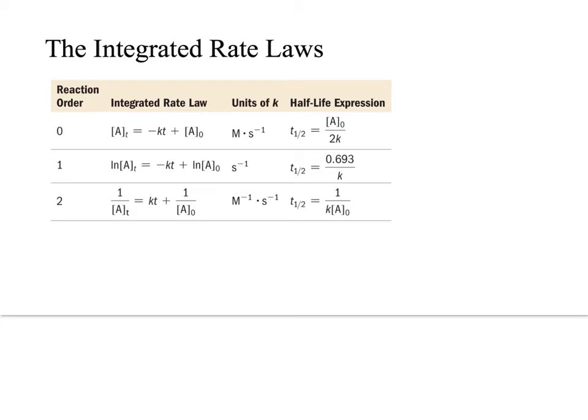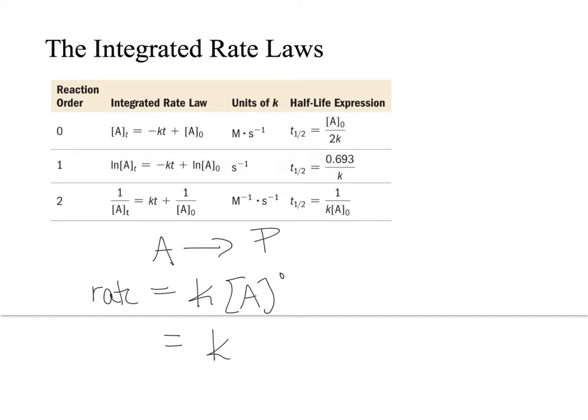Although there are more orders than 0, 1, and 2, these are the three most common forms of order with respect to one reactant. So we can look at A going to product. Rate could be k times A to the 0th power, which would be the same thing as rate is equal to k.